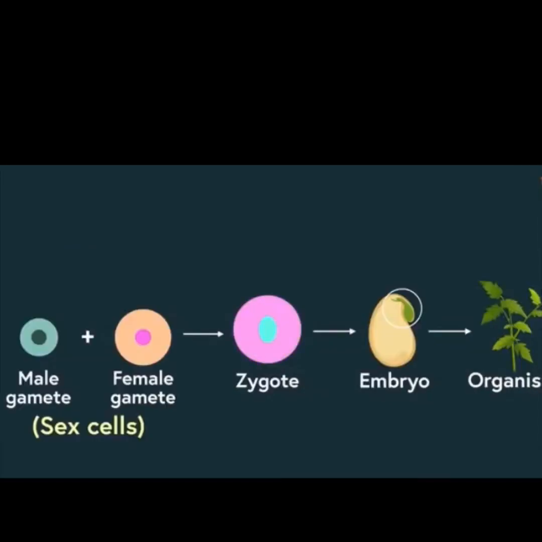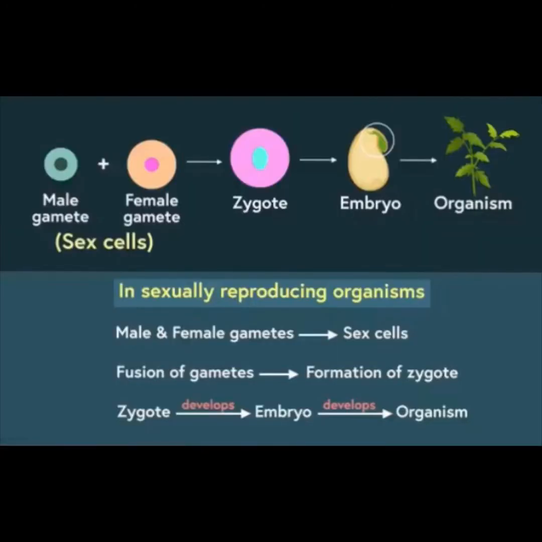Now let us summarize it. Male and female gametes will fuse together and give a zygote. The zygote develops into an embryo, and the embryo develops into an organism. And now, in sexual reproduction, there are 3 steps. The first one, the male and female gametes, which are called sex cells, are fused together, and then the fusion of the gametes will form the zygote.